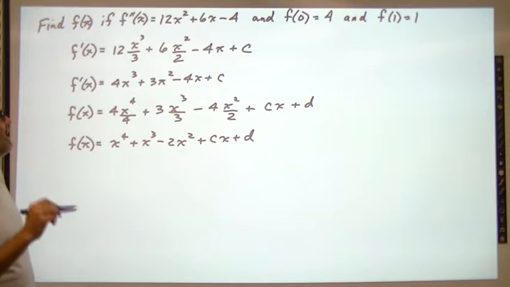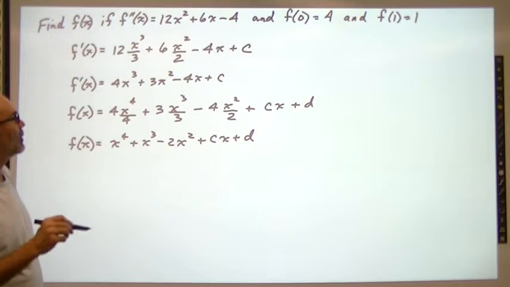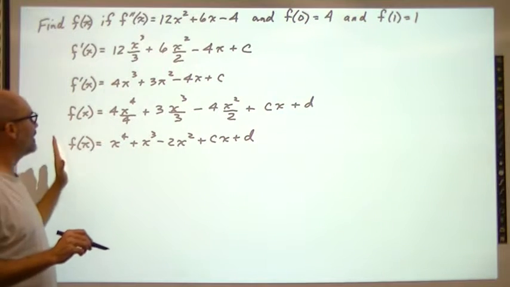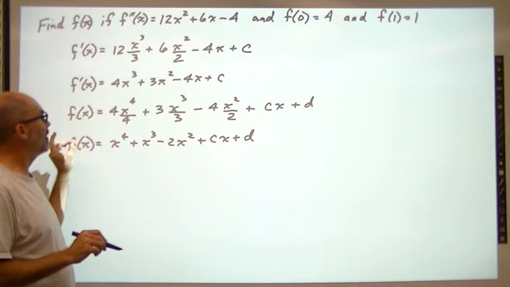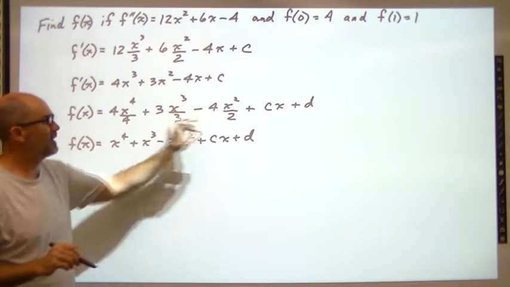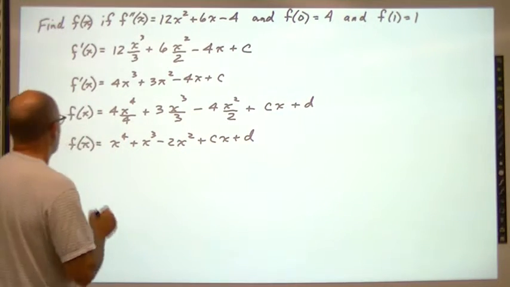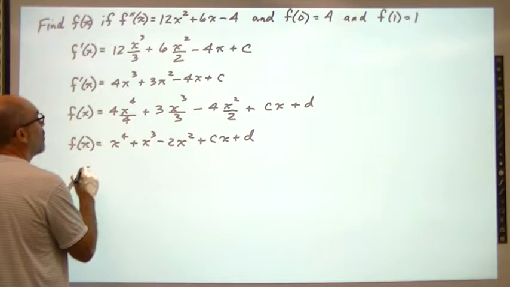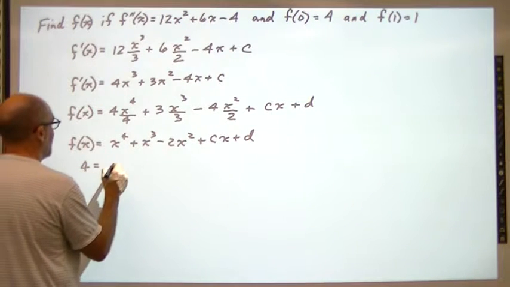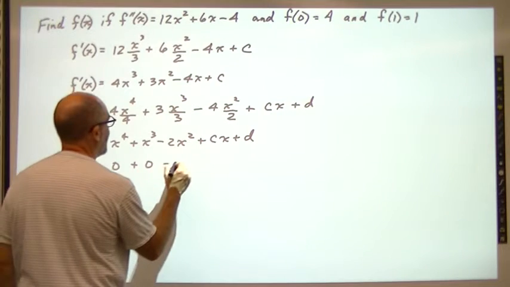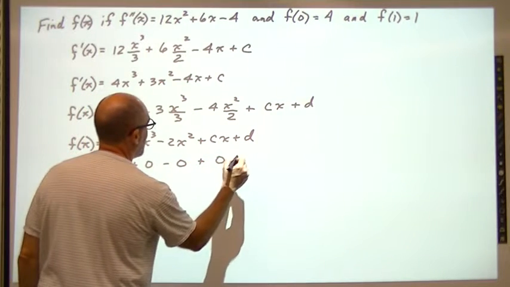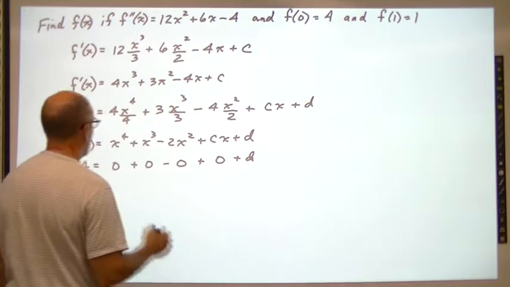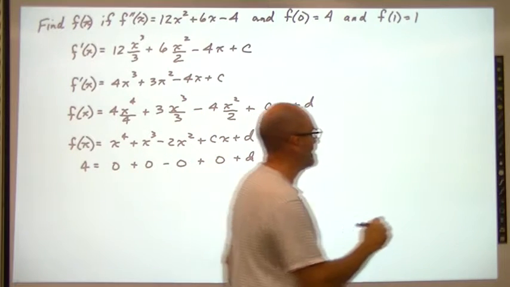All right, now, if f of 0 equals 4, then what I'm going to do is I'm going to put 4 in for f of x and 0 in for all the x's. So what I have is 4 equals 0 plus 0 minus 0 plus 0 plus d. Oops. That's a bad d.